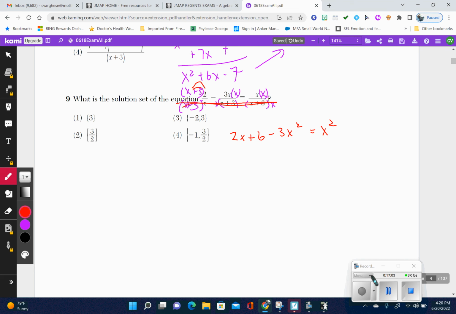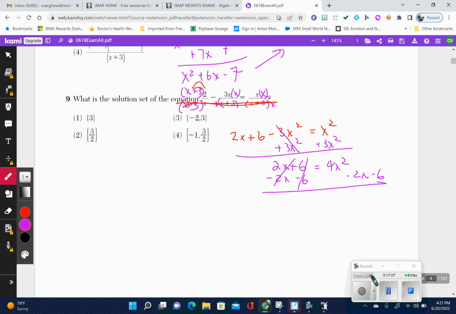So I'm going to go ahead and just add 3x squared here. Try to keep the x squareds positive. So I'm going to get 4x squared is equal to 2x plus 6. I'm going to set it equal to 0, so minus 2x minus 6. Cancel, cancel. So this is going to be 4x squared minus 2x minus 6 equals 0.